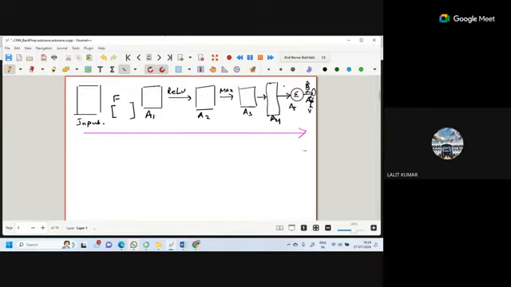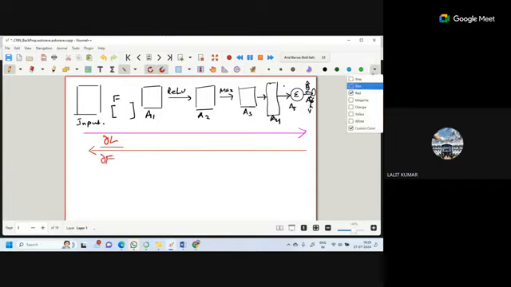For the back propagation, we have to find del L by del F. So the important parts are, first of all, the loss at the output layer, which is del L by del y hat or del y hat by del A6.